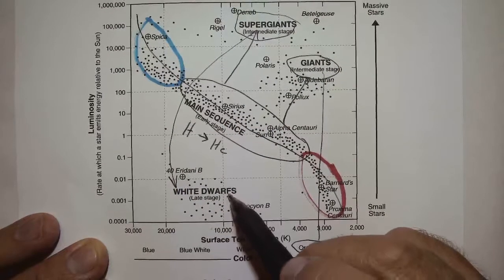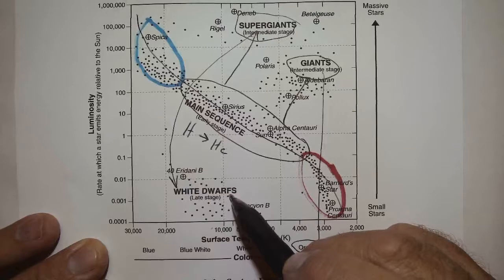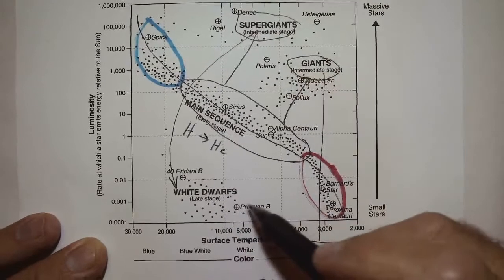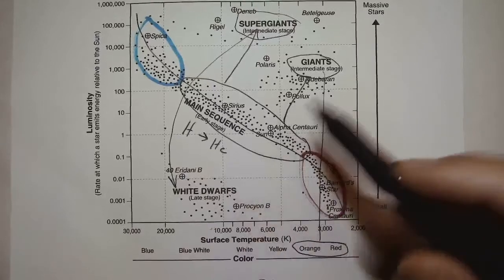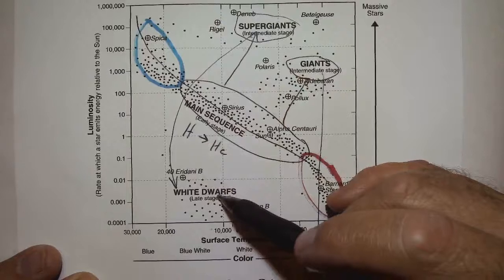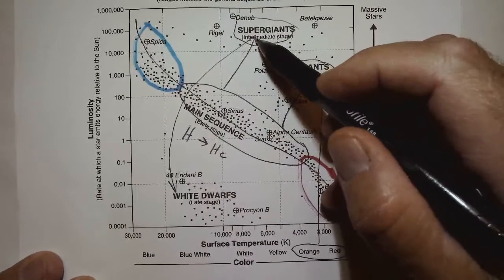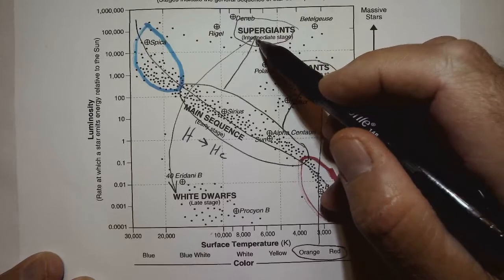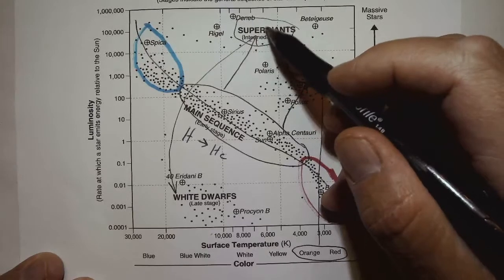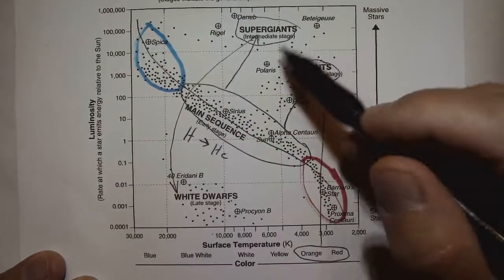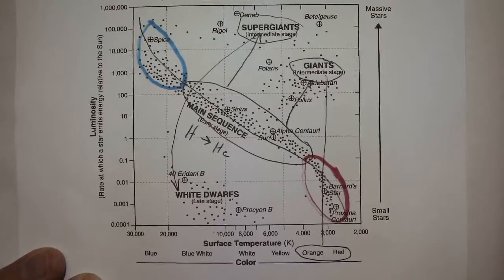All you're seeing here is the core of a very hot star. The outer atmosphere is gone. So this shows you the evolution of stars. Many supergiants don't go to the white dwarf stage. They go to a neutron star or a black hole stage after they supernova. The brightest explosion you can have gives off the luminosity of 10 billion suns. It's a rather impressive explosion.